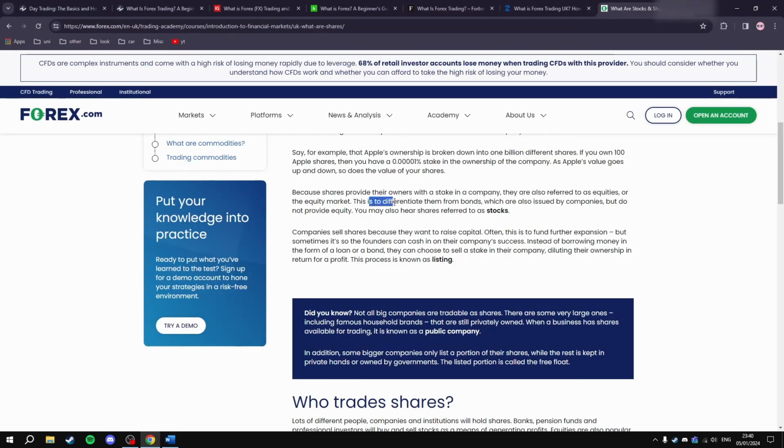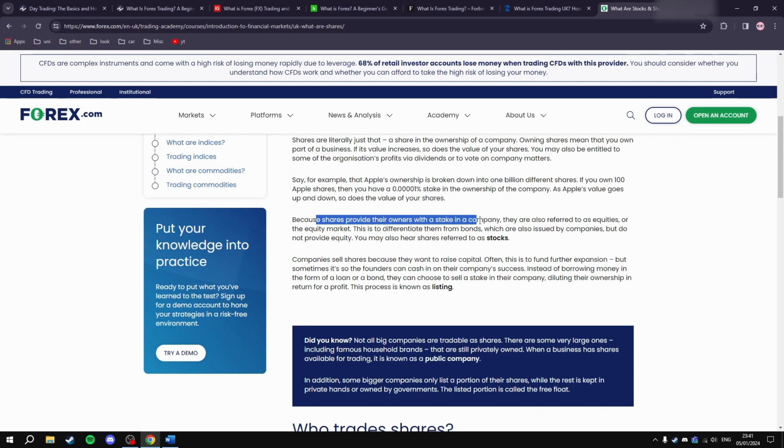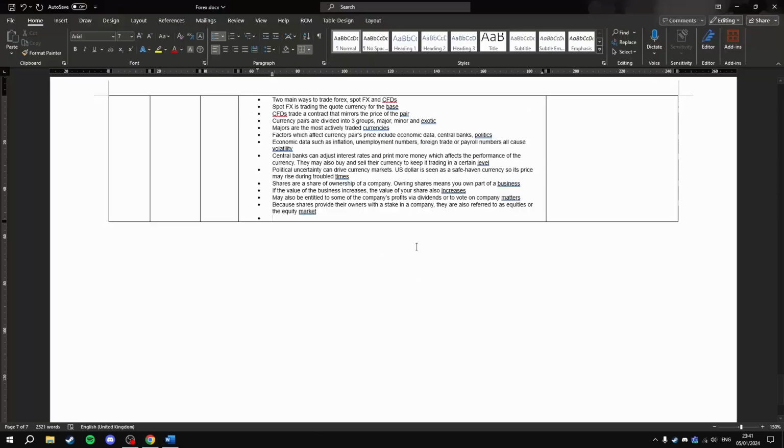This is to differentiate them from bonds, which are also issued by companies but do not provide equity. You may also hear shares referred to as stocks. So what are bonds then? Bonds do not provide equity.